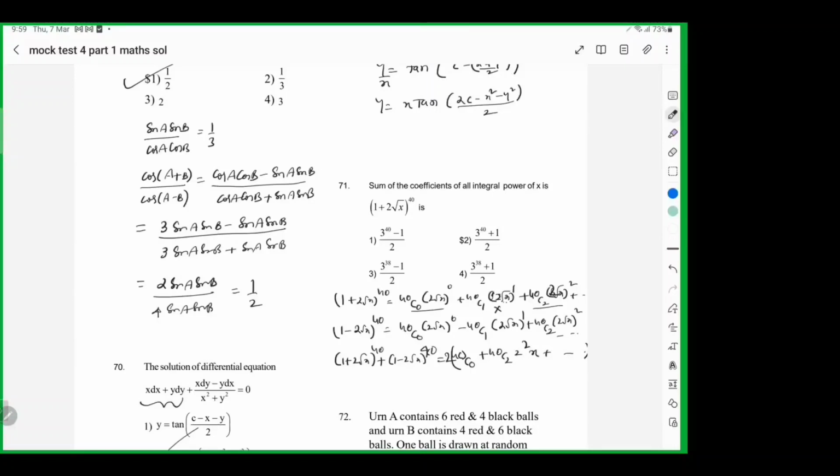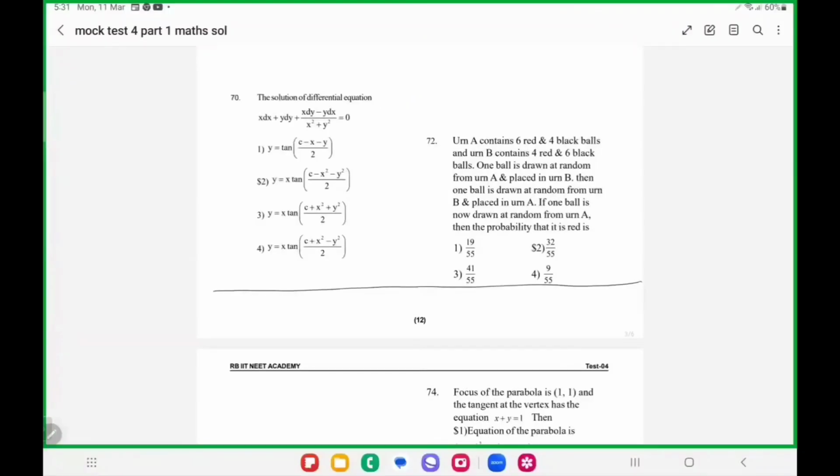Put x as 1. You get 3 power 40, 1 minus 2, 1 power 40 by 2 will be, which is, these are all coefficients of integral powers.